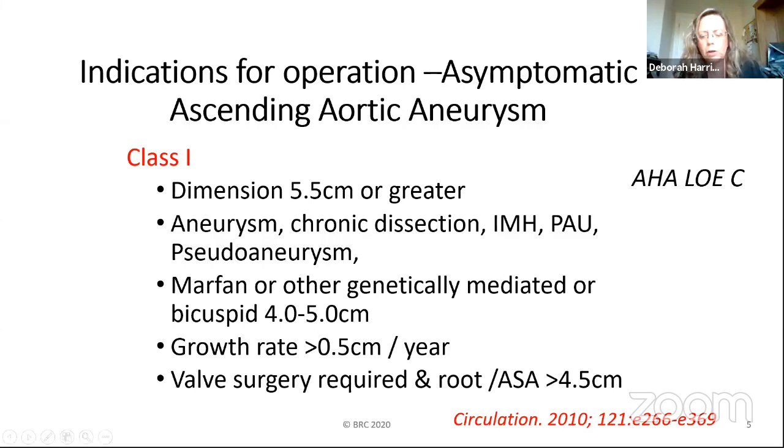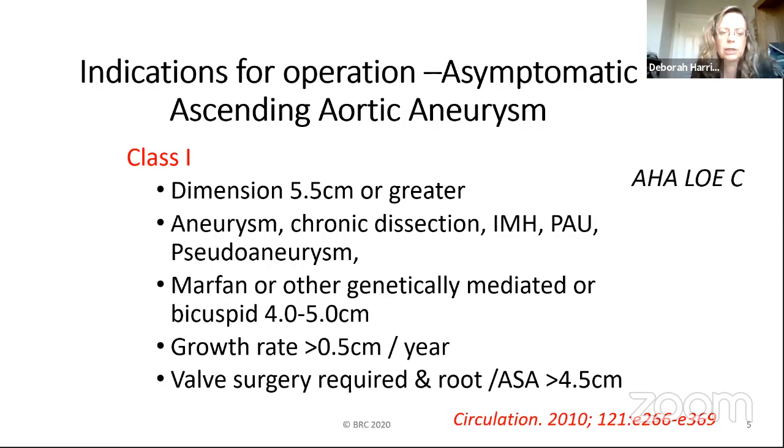So this is probably the majority of our patients. So this includes aneurysm, chronic dissection, intramural hematoma, penetrating ulcer, and pseudoaneurysm. Then, as Professor Cameron's already alluded to, patients with Marfan's or other genetically mediated conditions, and also in some instances bicuspid, we'll talk about that in more detail because it's a bit more complicated. These patients should undergo surgery at lower dimensions, so between 4 and 5 centimeters, and we will talk more about that.